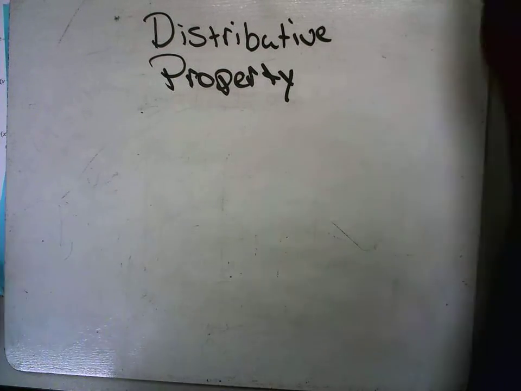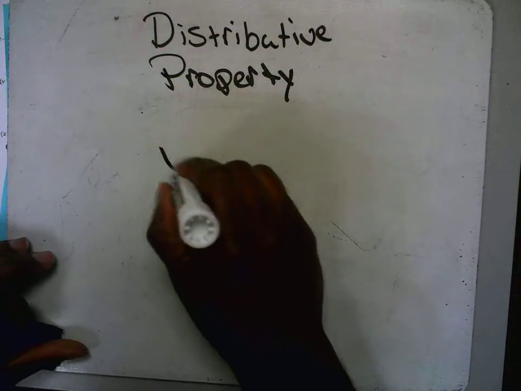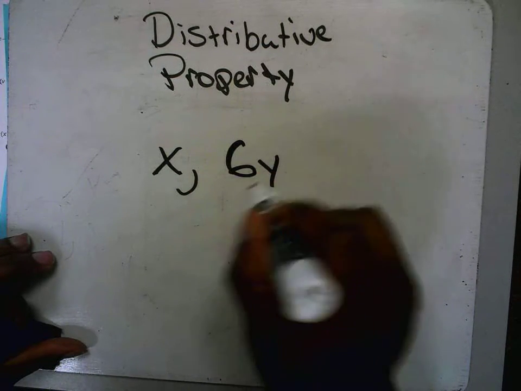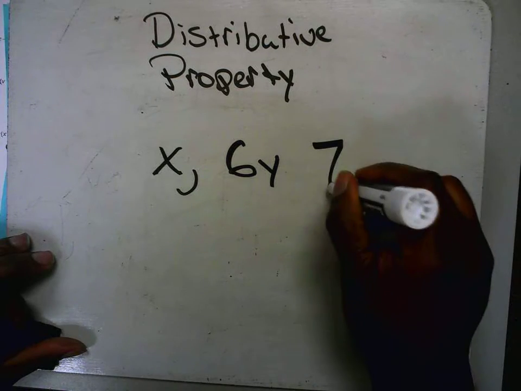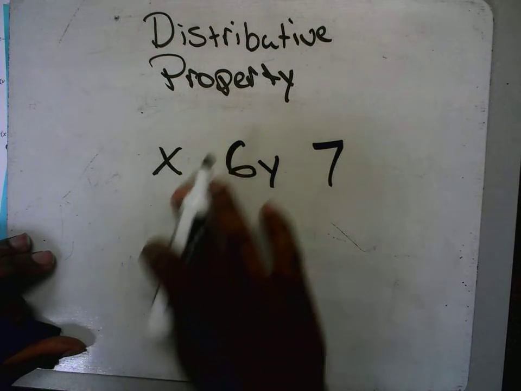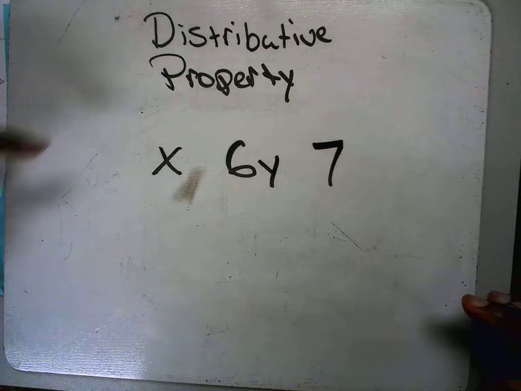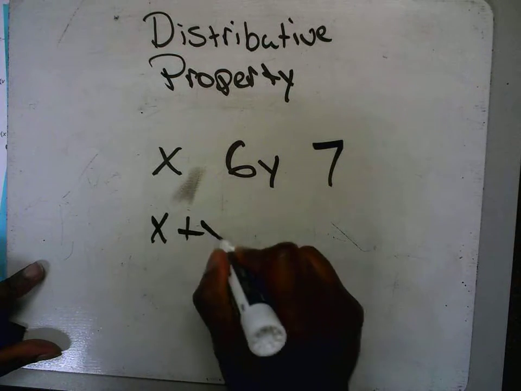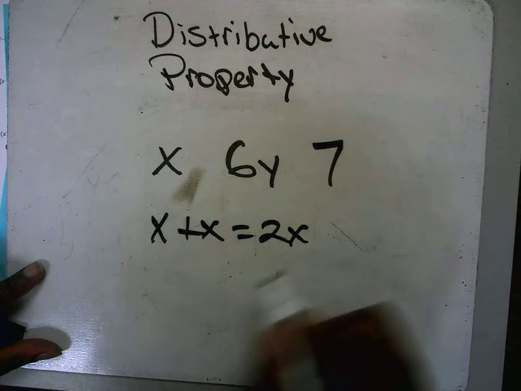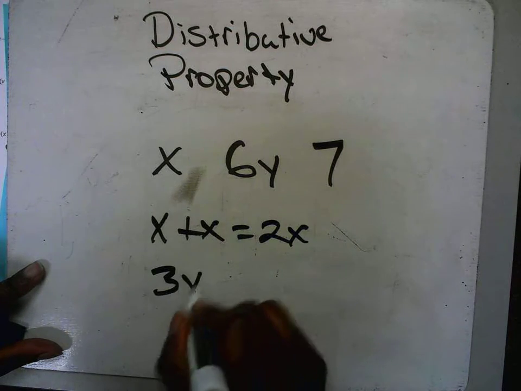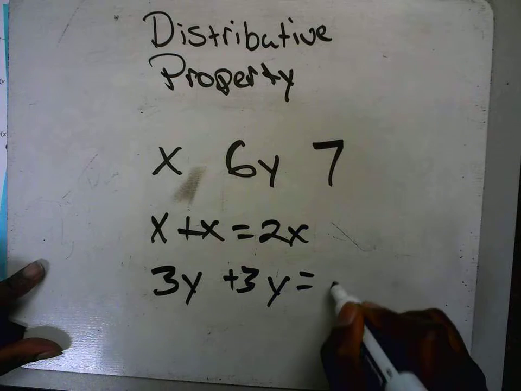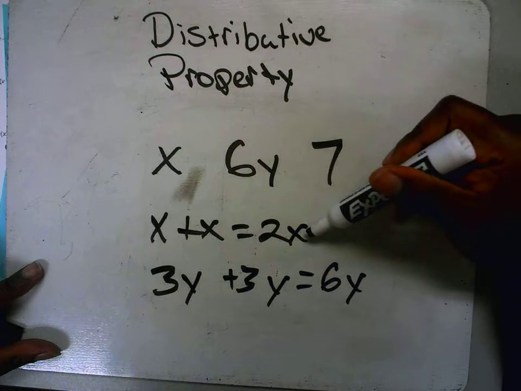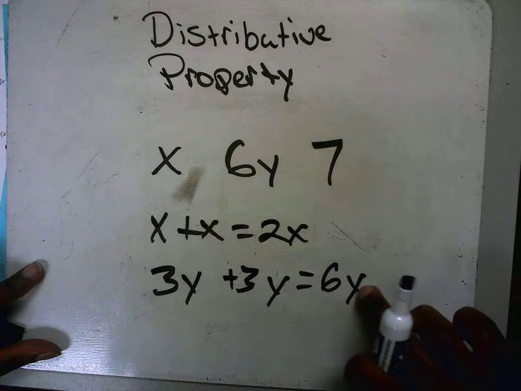Alright, so what's the like term? So we have the term x, we have the term 6y, and we have the term 7. These are unlike terms because they have different variables. You can add x plus x to get 2x, and you can add 3y plus 3y to get 6y, but you cannot add 6y to 2x because they have different variables.